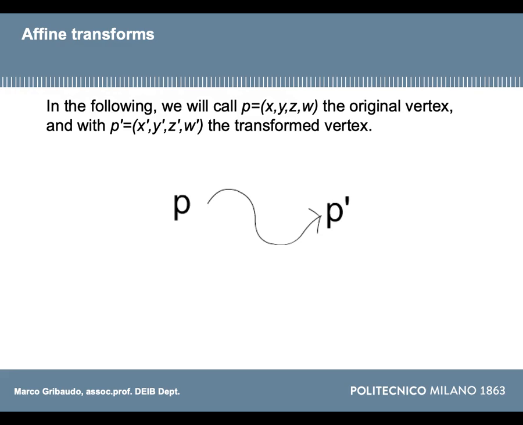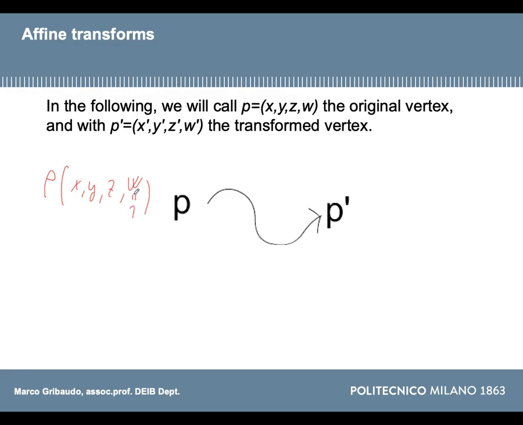Okay. So, in the following, what we would like to do, we imagine that one object is formed by a set of points P. Each point is characterized, as we have said, by 4 coordinates. So we have x, y, and z, plus the fourth coordinate w, which most of the time will be equal to 1.